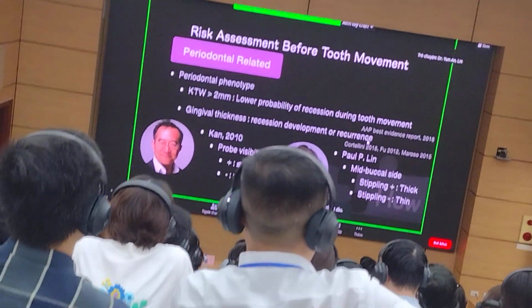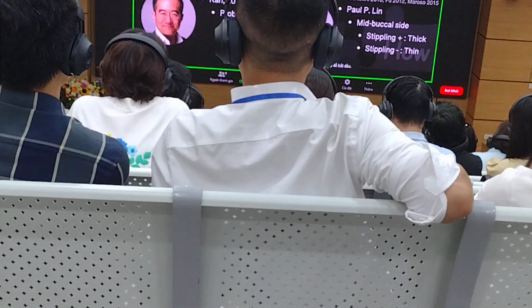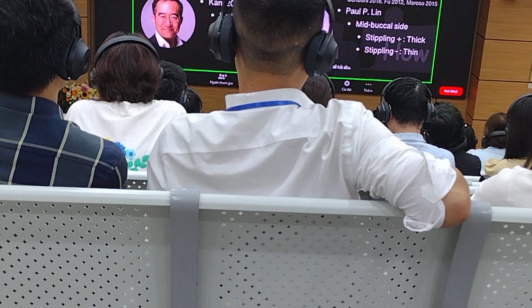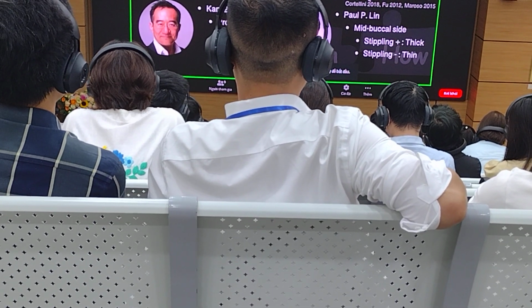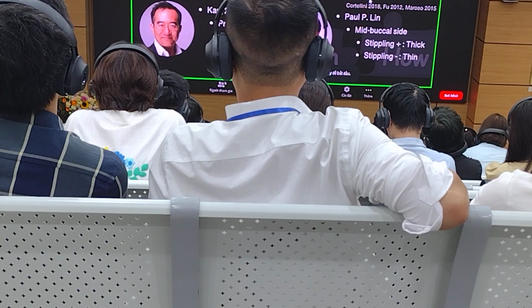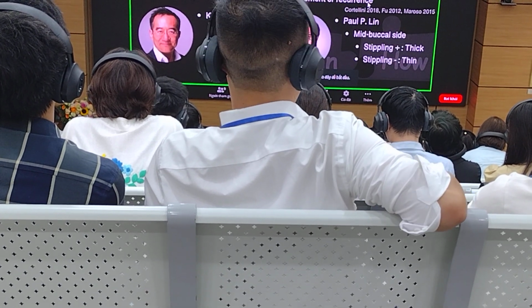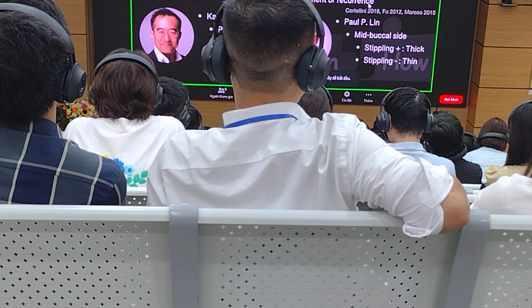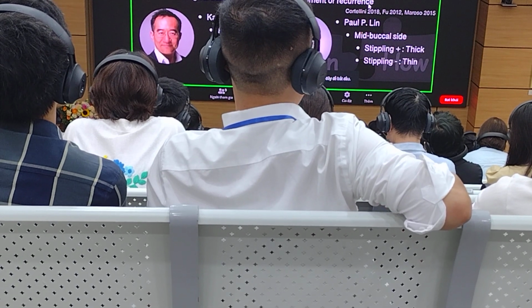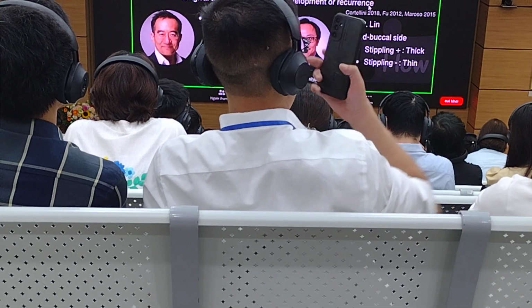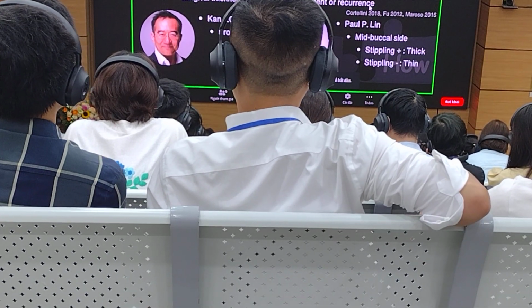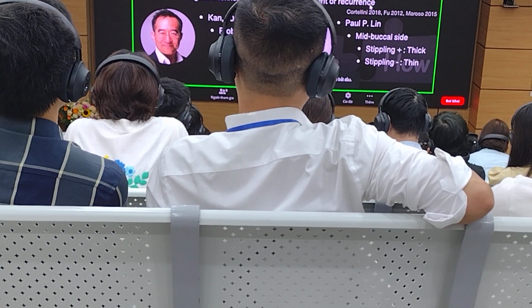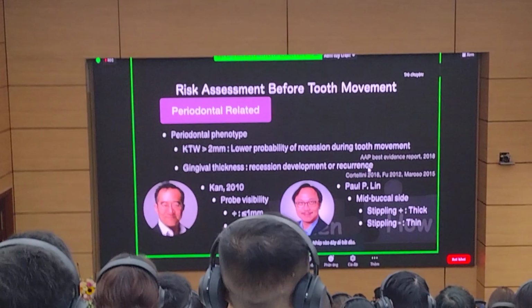To measure the gingival thickness, the most common and well-known technique is using a periodontal probe to see whether the probe is visible through the gingiva. According to Dr. Joseph Kan, he published that if the probe is visible through the gingiva, the gingival thickness is less than 1 mm. And if the probe isn't visible, the gingival thickness should be more than 1 mm.